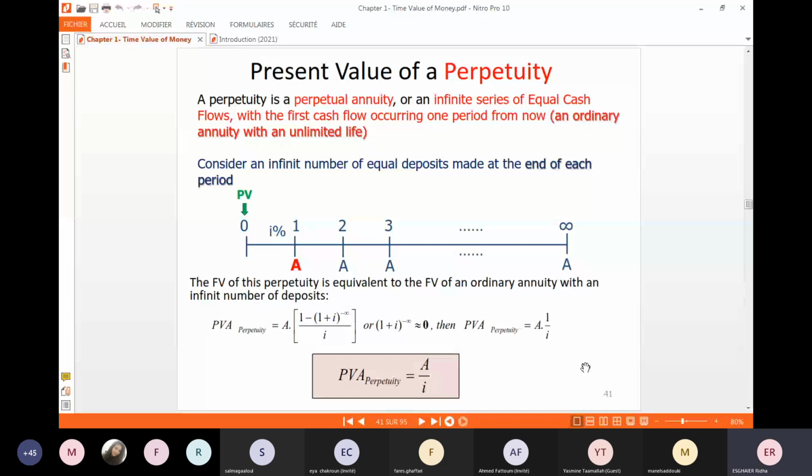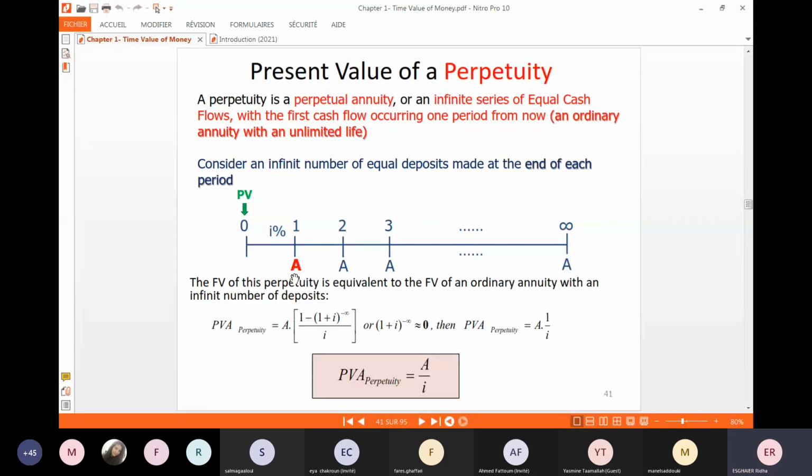What is the amount today that can replace these A's? Simply, this is the present value of an annuity. And specifically here, we have an ordinary annuity, since the first A will be received 1 year from now, and we want to compute its value today, 1 year before the date of the first amount to be received.